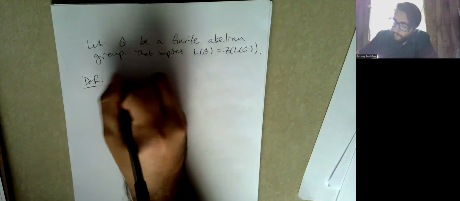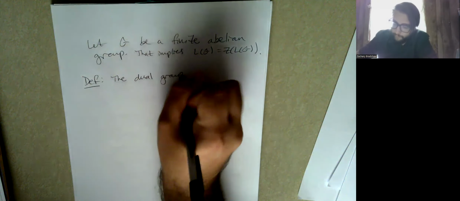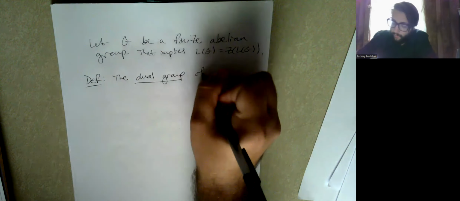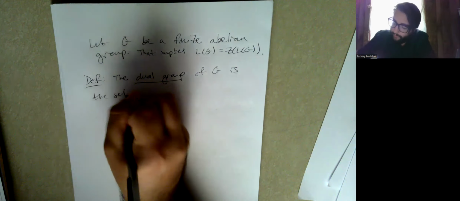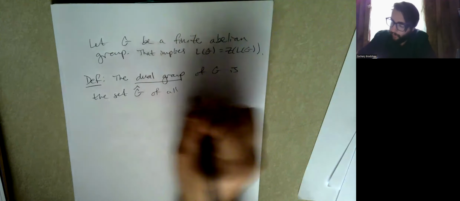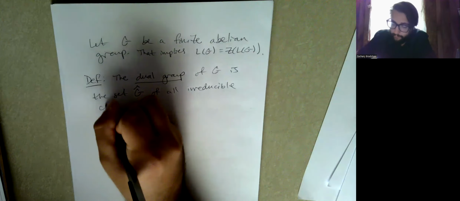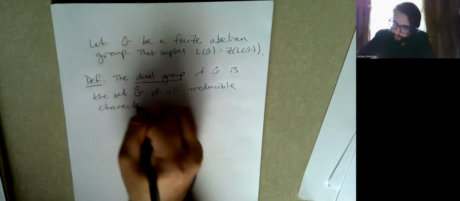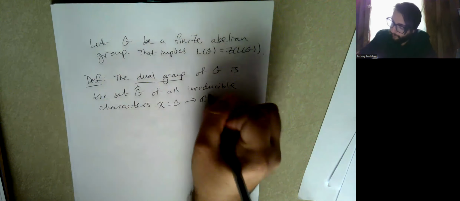So the dual group of G is the set G hat of all irreducible characters, G to C star.